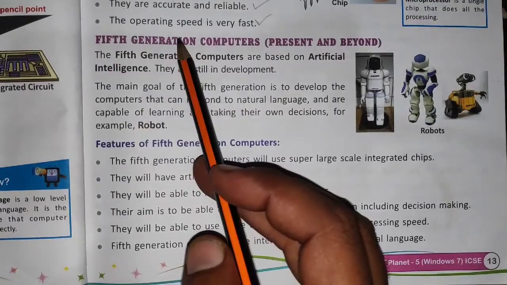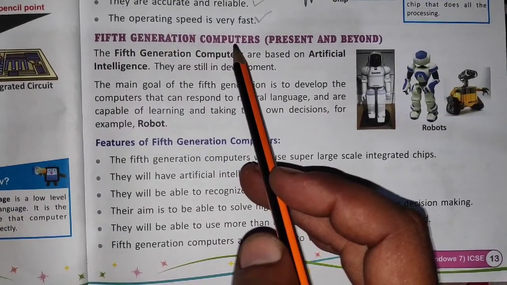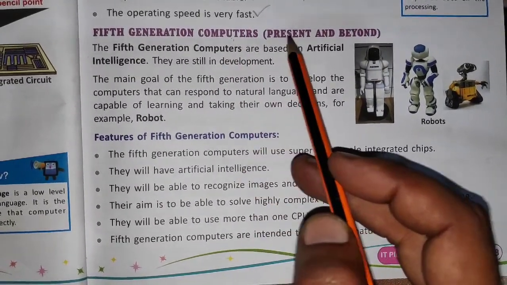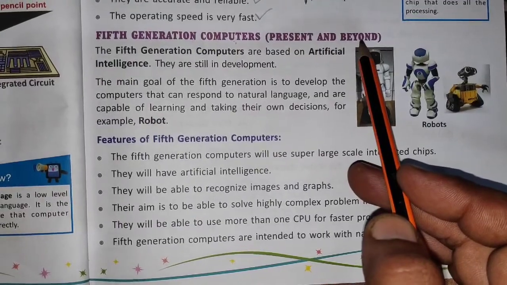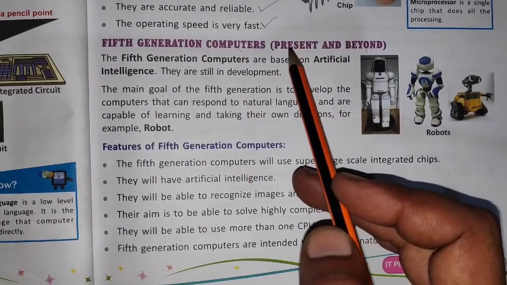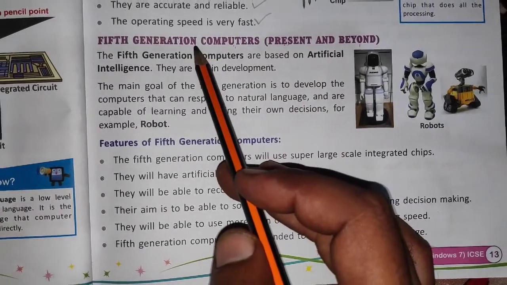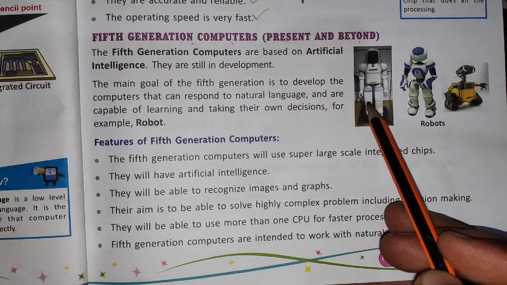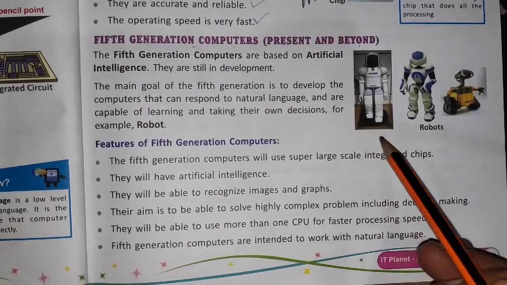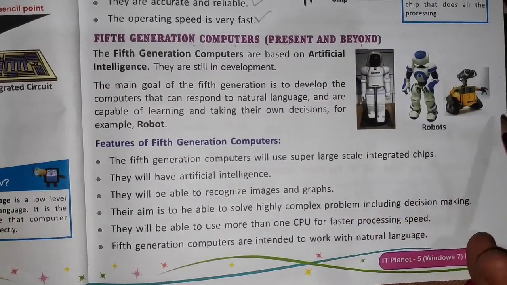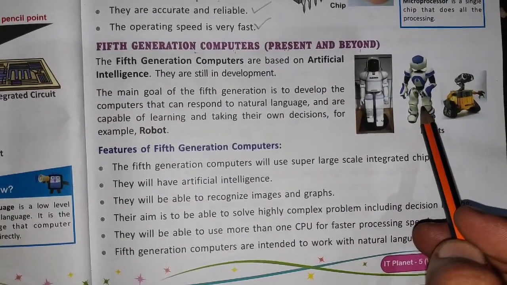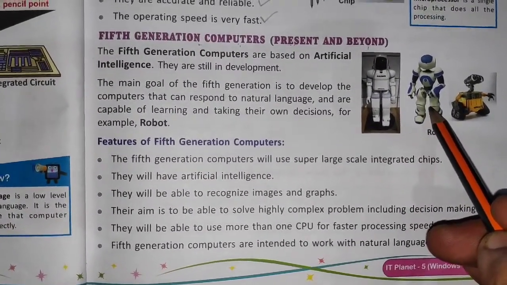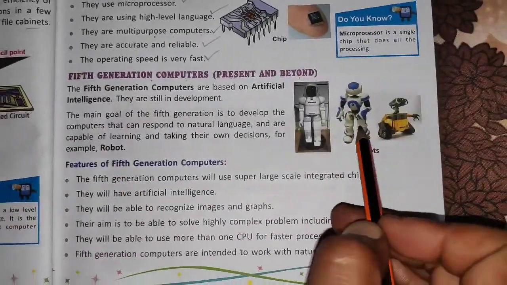Next we have the fifth generation computers, which are under development. Present and beyond means that at present scientists and engineers are working on fifth generation computers, to develop machines like robots. These are very intelligent machines, and they can communicate with us, like human beings, in natural language, and they are capable of learning.